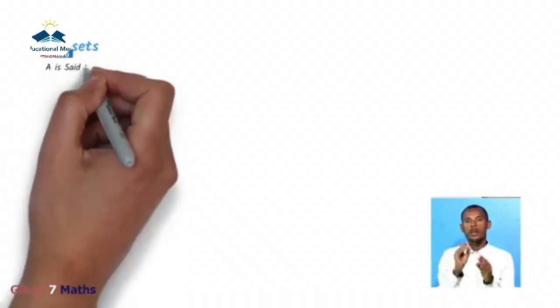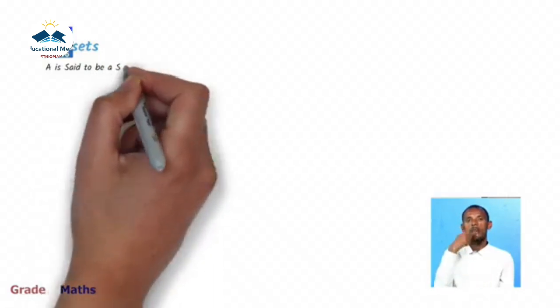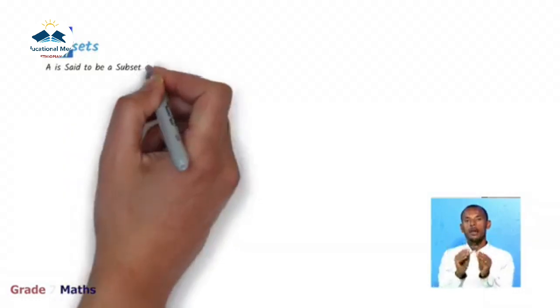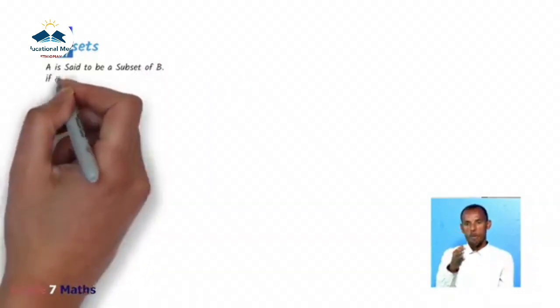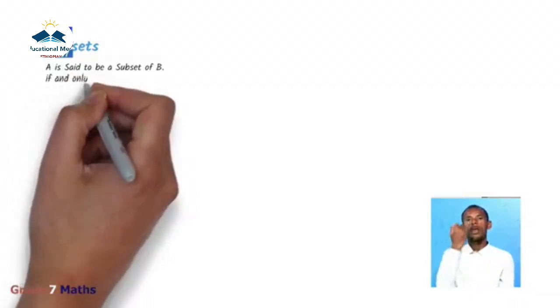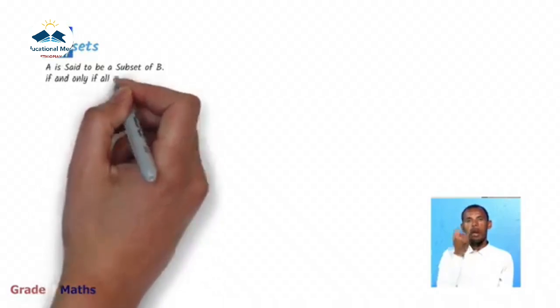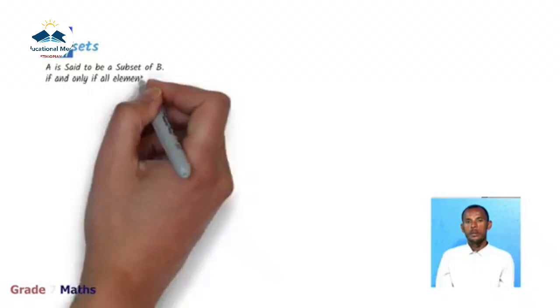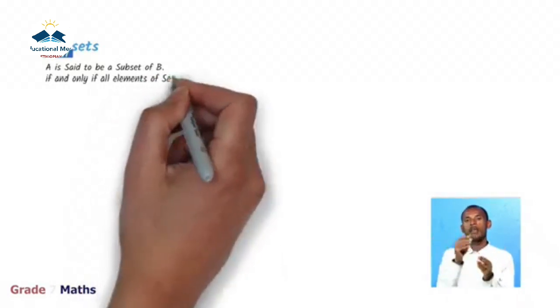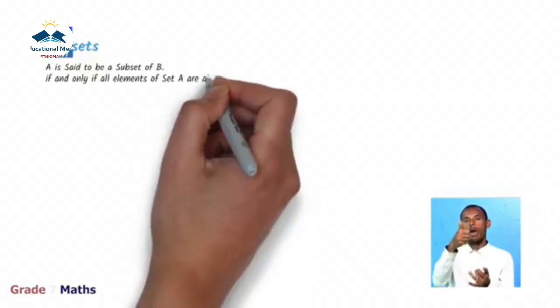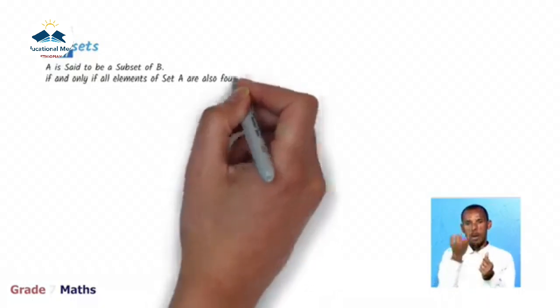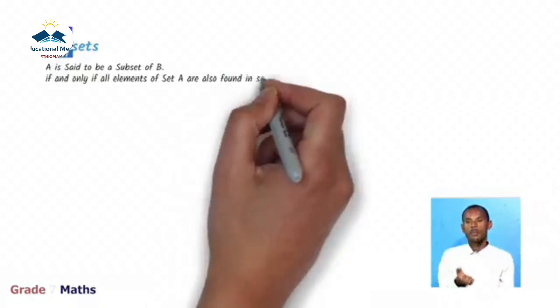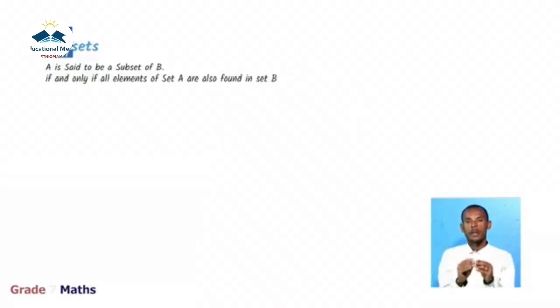Set A is said to be a subset of B if and only if all elements of set A are also found in set B. That's the definition. This is a definition.